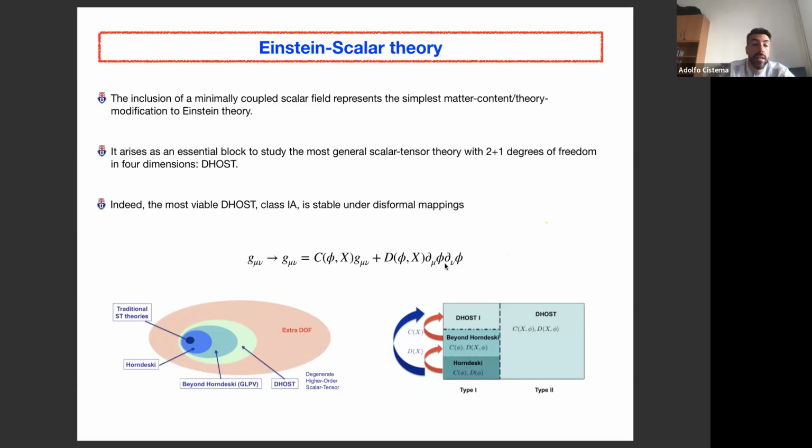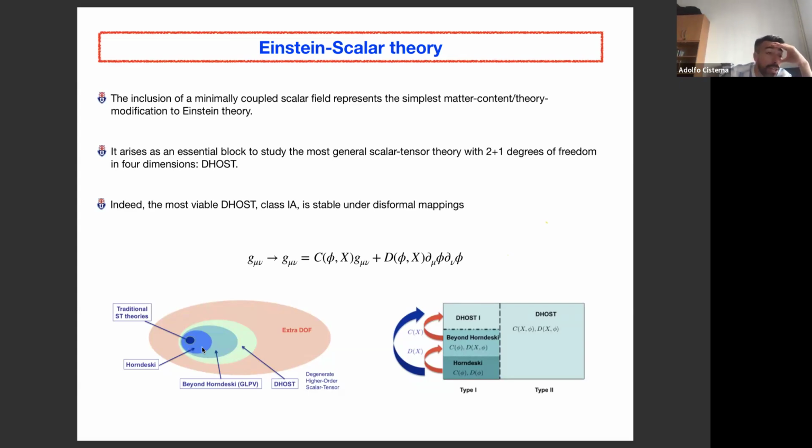What that means is that you can start with traditional scalar-tensor theories, which is this dark dot I have here. Let's say that in there you have minimally coupled scalar fields. You can also have a little bit more general scalar field with conformal coupling and so on. Then you have Horndeski theory, which is the next subsector, the most general scalar-tensor theory with second order field equations for both the metric and the scalar.